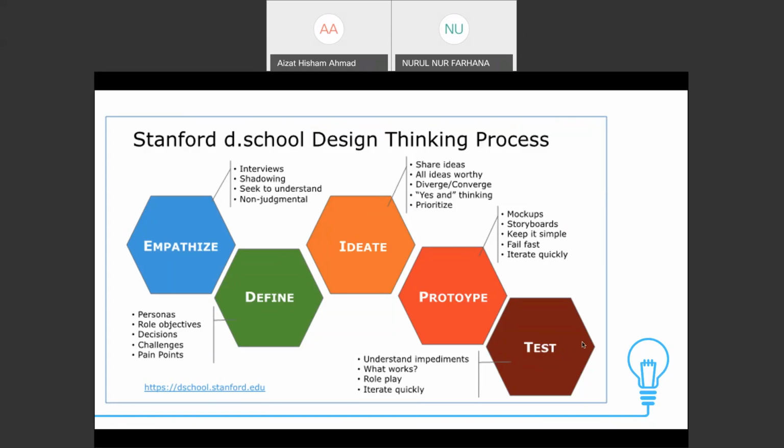But bearing in mind, don't forget, the design thinking process is not a one-way process, but rather an iterative one. It can start and go back to the middle, go back to the beginning, and it can continuously go back and forth.